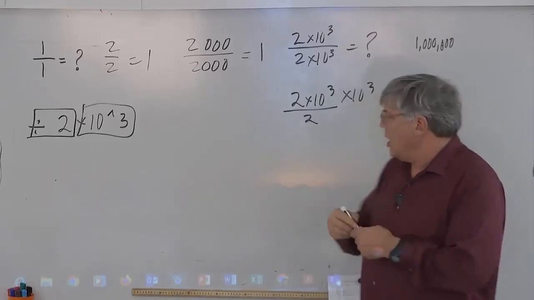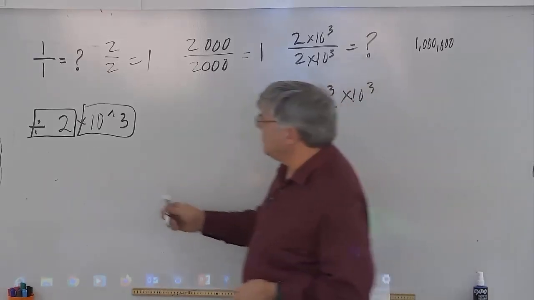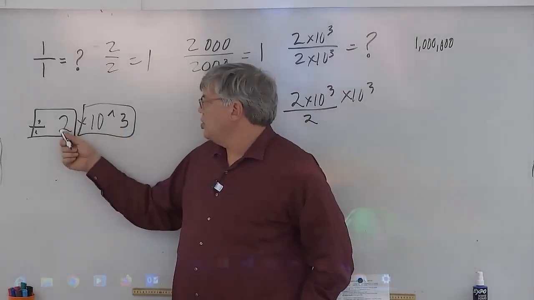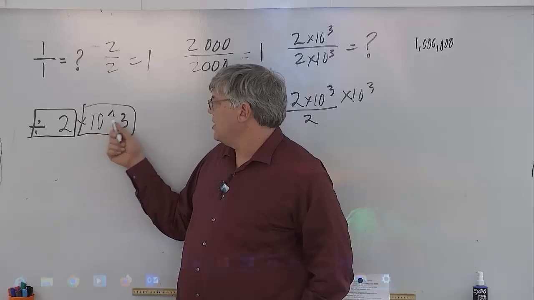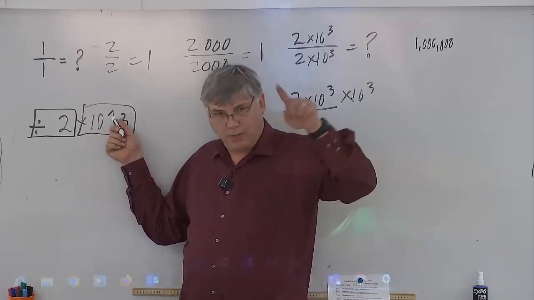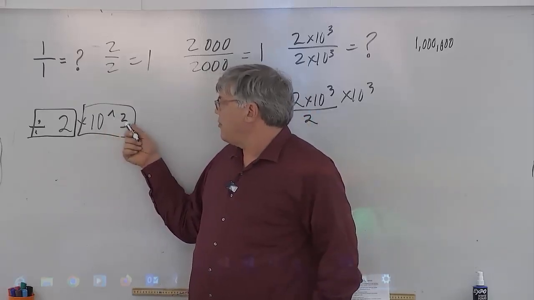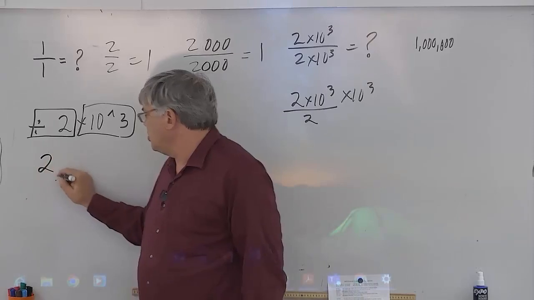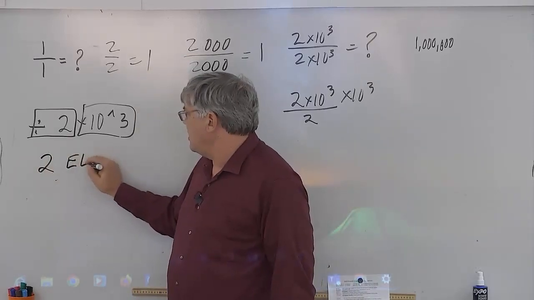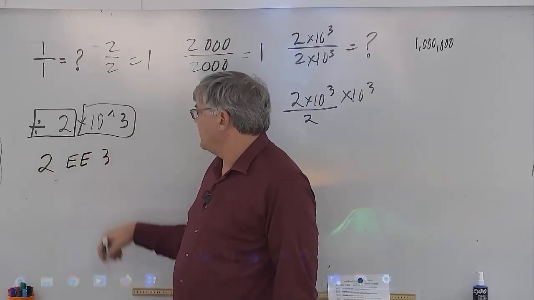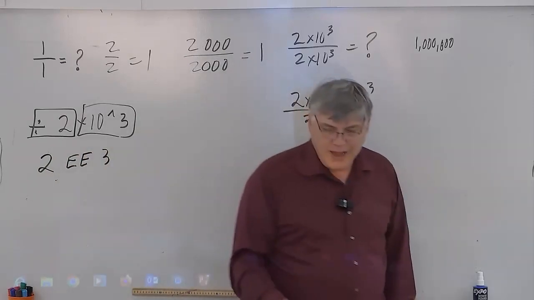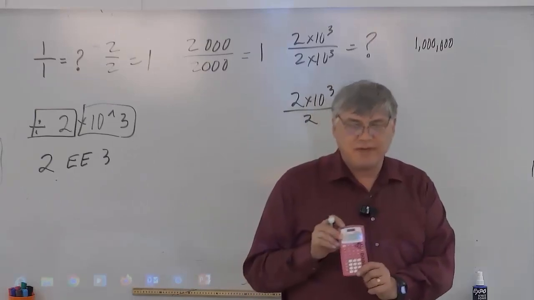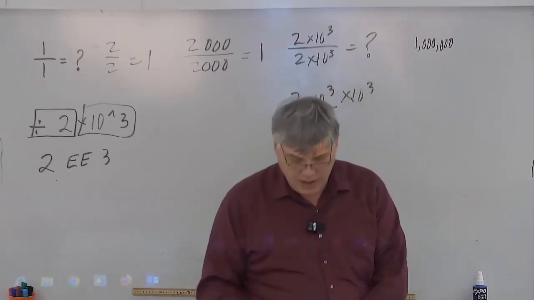Okay? The way to enter this in your calculator is not with this 2 and then the times button, 10, and then this little caret, the little pointy uppy thing, and the 3. The way to enter this into your calculator is 2 and then EE 3. The EE button is found on my calculators above the 7, and you have to hit the second button in order to use it.